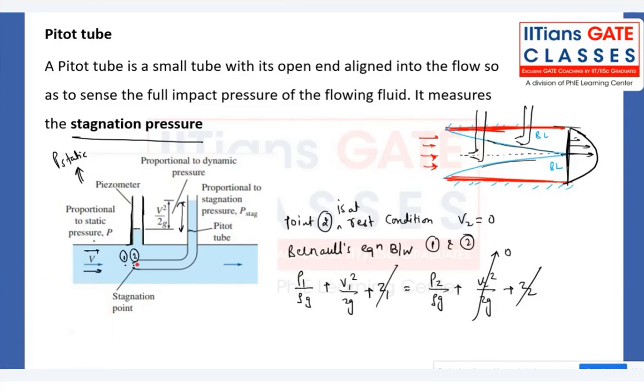Here we can measure the piezometer height. Let's say from here to here the height is, for example, h. So what can we write, my dear friend? We can write rho g h divided by rho g. V1 is the velocity of the fluid which is flowing in the pipe, so we can write V1 square by 2g. P2 is what? What is the value of P2?